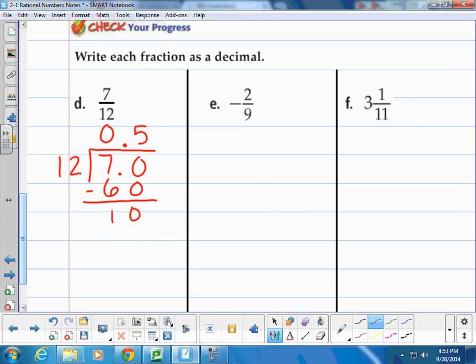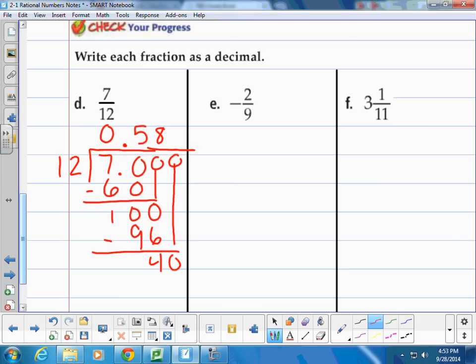Well, 12 does not go into 10, so I'm going to bring down a 0. And I know 12 goes into 100 8 times for 96. And I subtract and I get 4. 12 doesn't go into 4, so I bring in another 0.